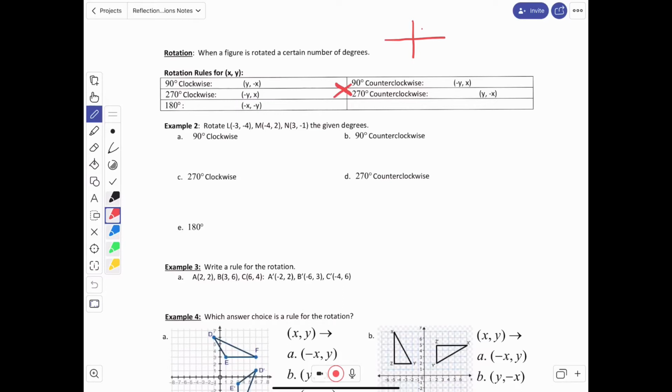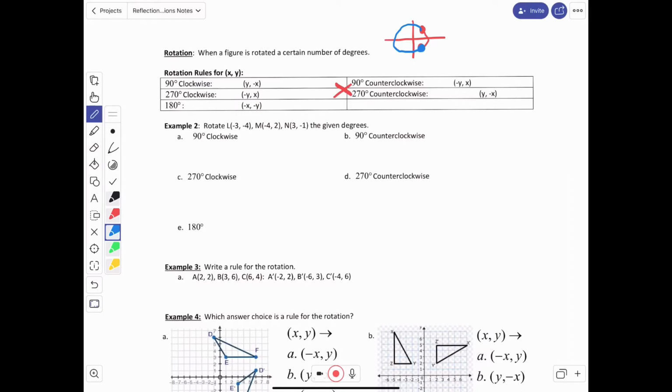If you are starting in this grid and you rotate 90 degrees clockwise, that's going to put you right here. 270 degrees counterclockwise, so this is 90 degrees, 180 degrees, 270 degrees, it's going to put you in the exact same place. That's what makes them the same, so that's why those rules are the same.